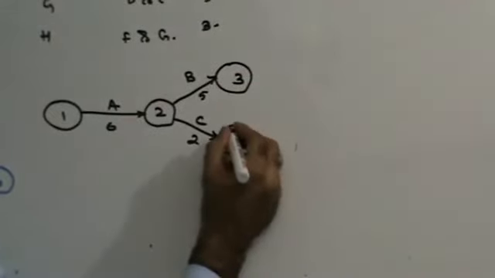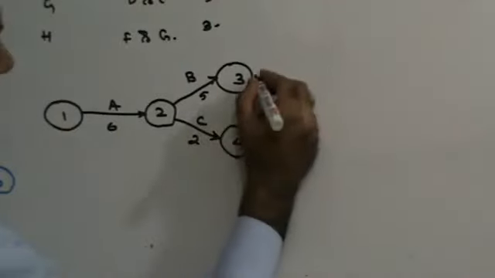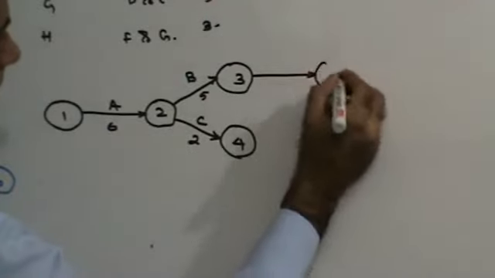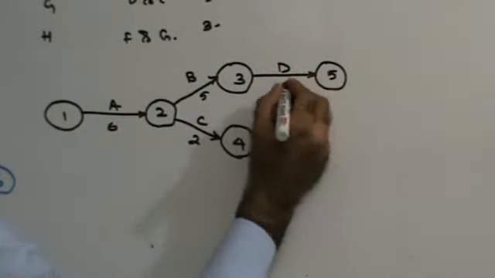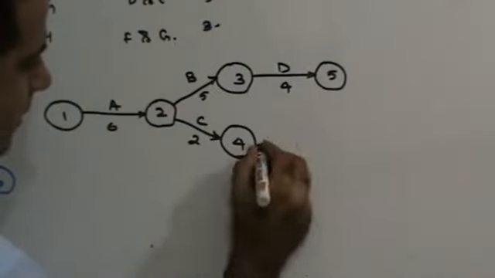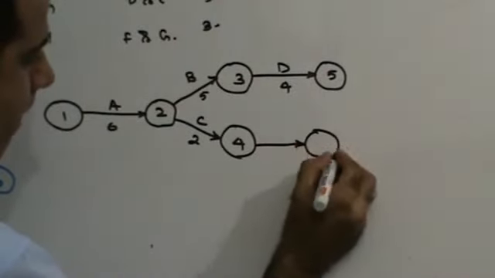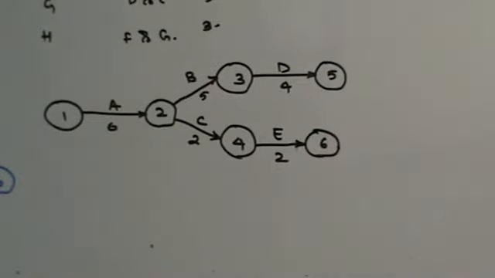This will give me 3, this will give me 4. Okay. Next, from B I have D, which is of 4 days, right? Then from C I have E, which is of 2 days, right?